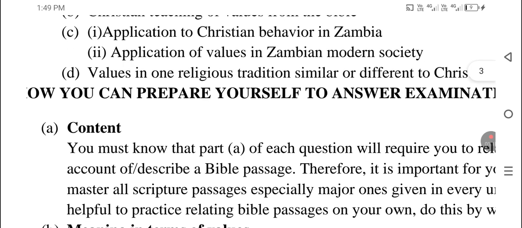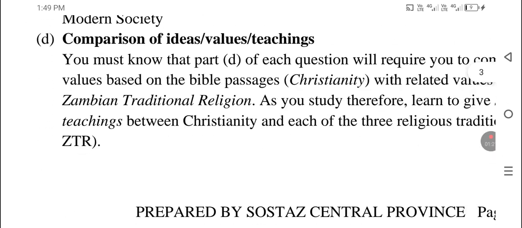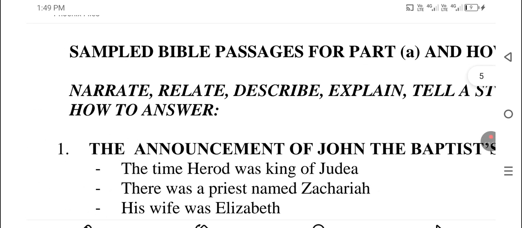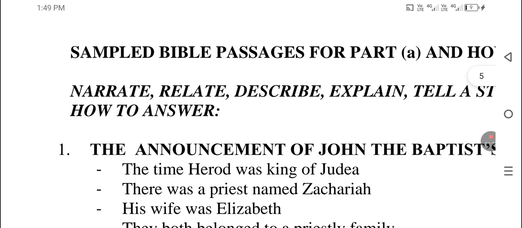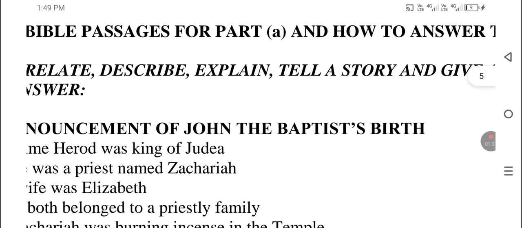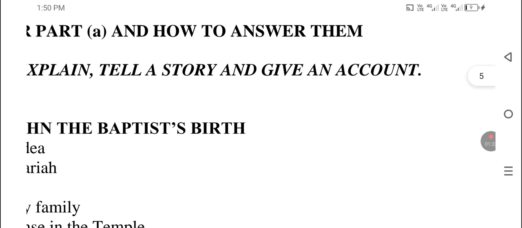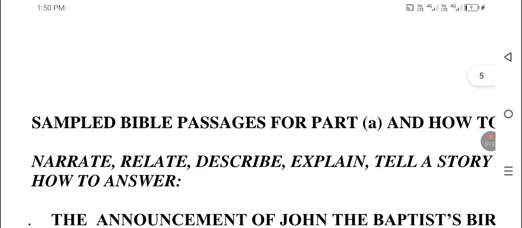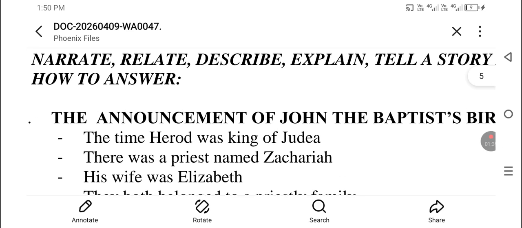Bible narration. There are some terms that are used, like these ones here: narrate, relate, describe, explain, tell a story, and give an account. They are some of the terms that you find in your exam paper. These terms mean one and the same.